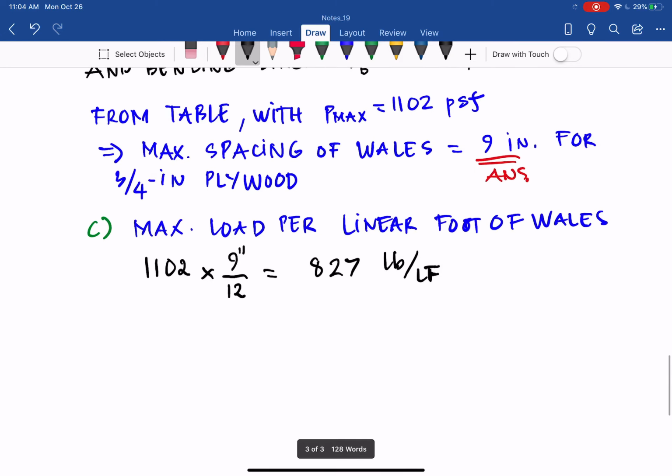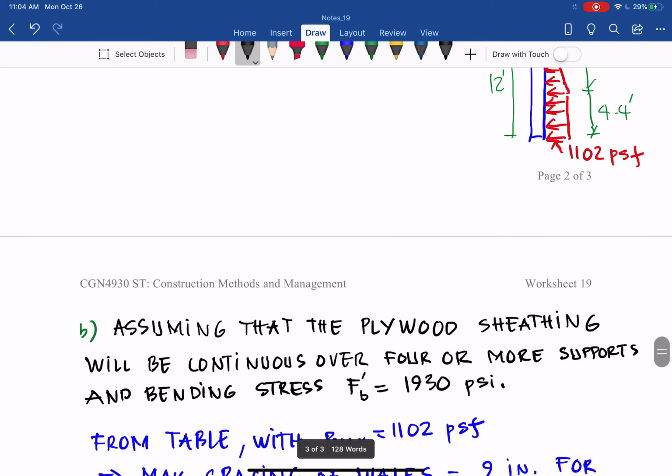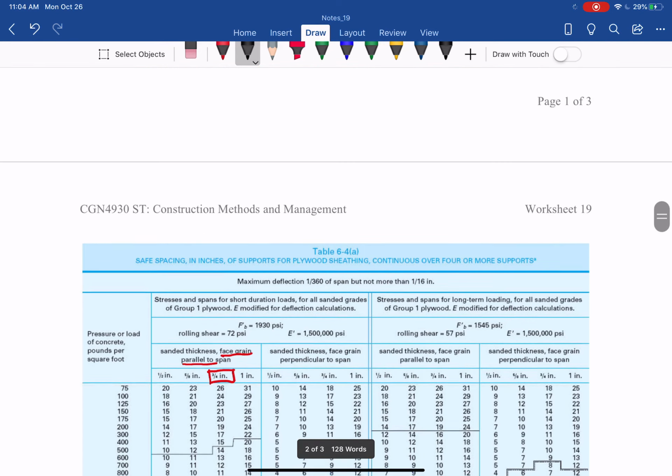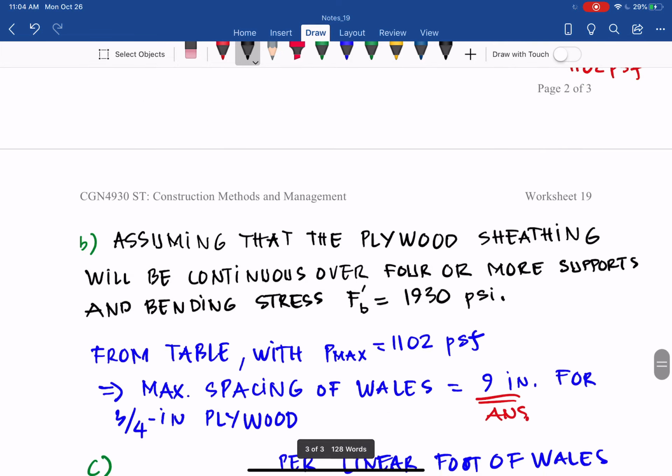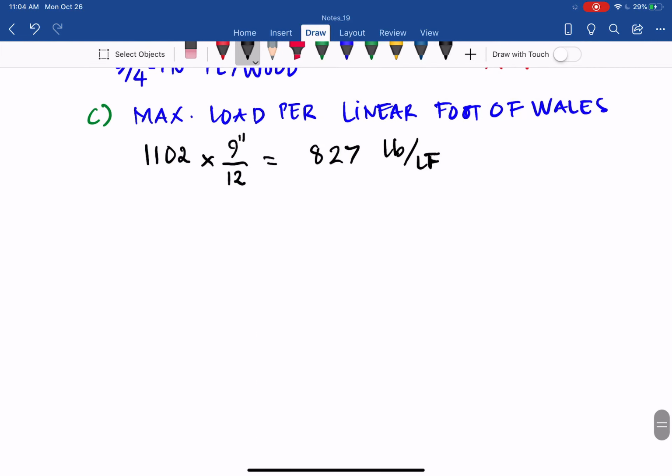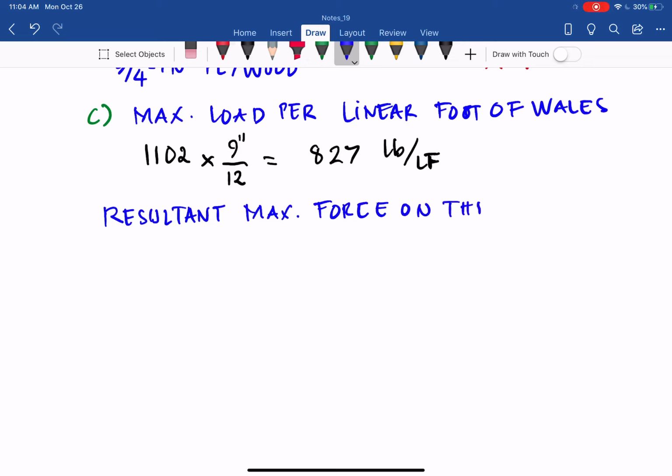So with that, with the 24 inch on center for the tie, we can be able to determine the resistance, the maximum force on the tie.